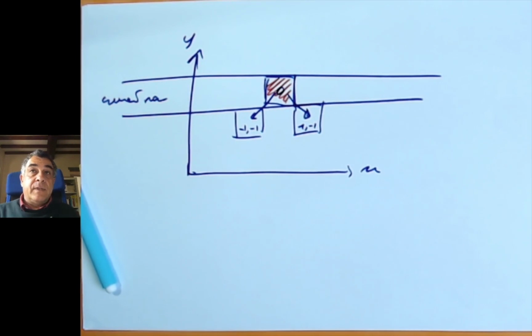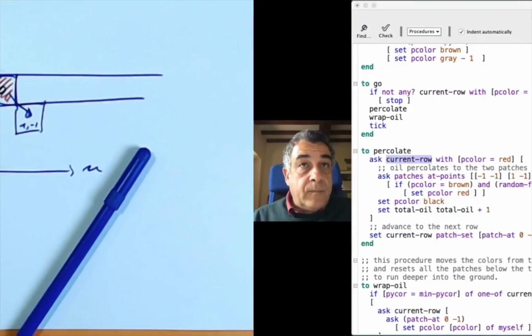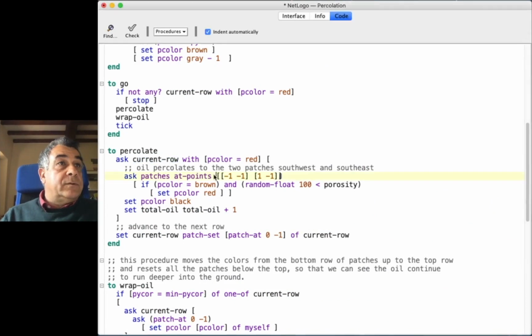And so these are the two patches here. This is essentially a list of lists in NetLogo language.